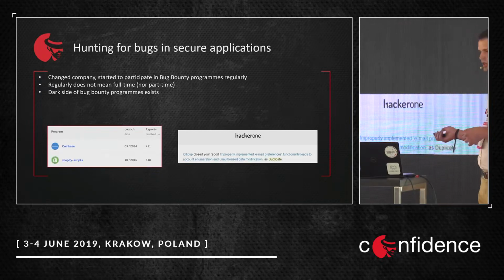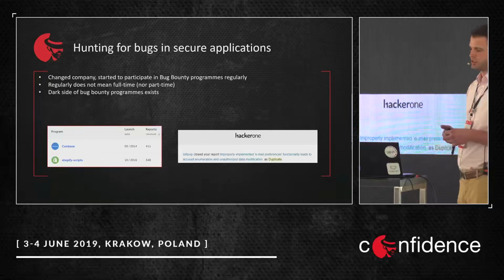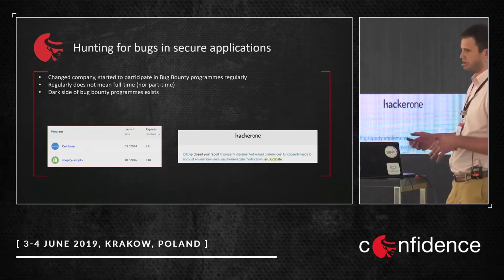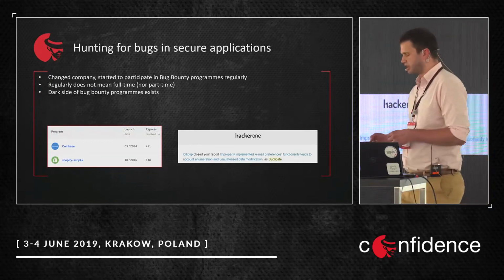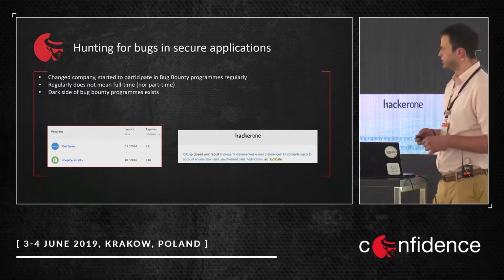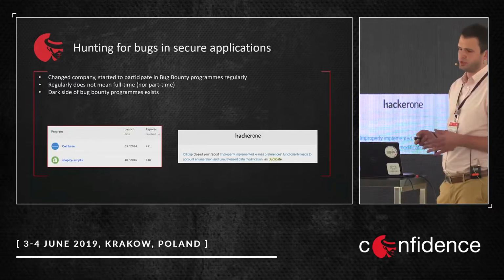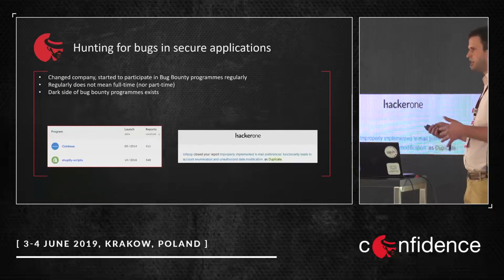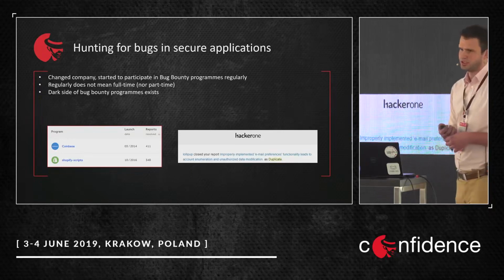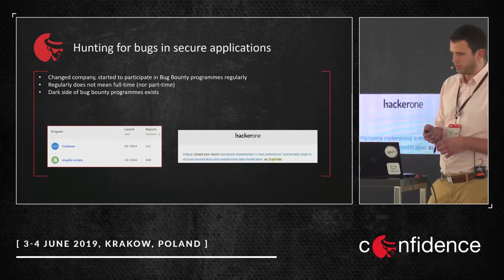Information about vulnerabilities reported by other researchers is not publicly available, and some bug bounty programs have been on the market for 5 years or so, so it's really hard to find any new vulnerabilities. Basically, a lot of people spend a lot of time creating reports and looking for bugs in applications, and in the end, they end up with nothing.